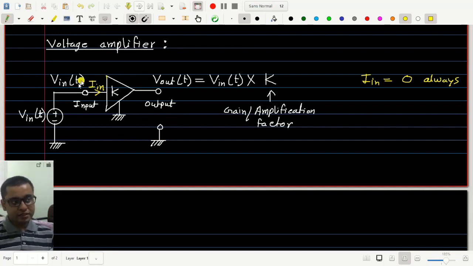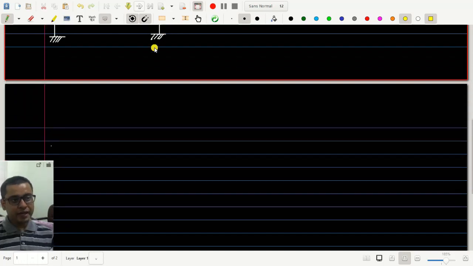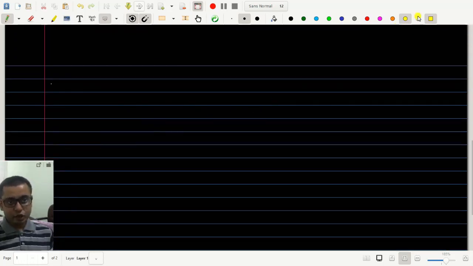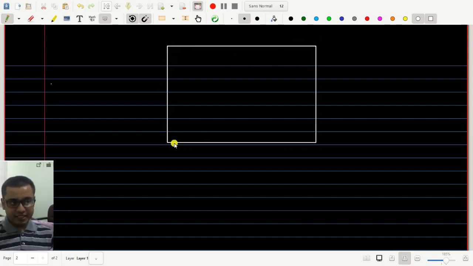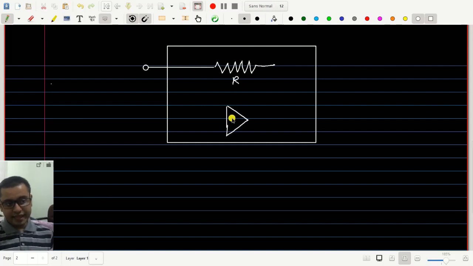Now, using the concept of a voltage amplifier, we will make an electronic circuit which will have a negative input resistance. Consider a black box which has one input terminal. Here we have a piece of resistance R connected, and here we have an amplifier with gain 2.